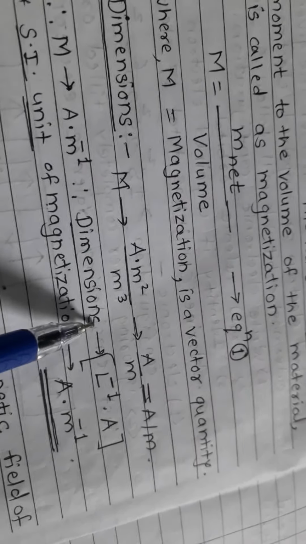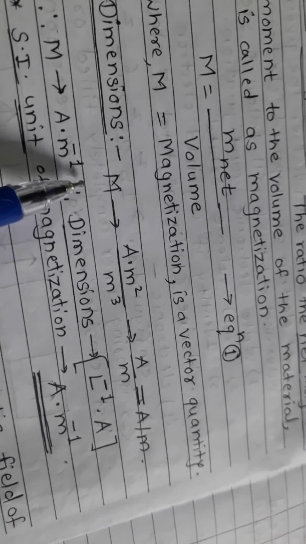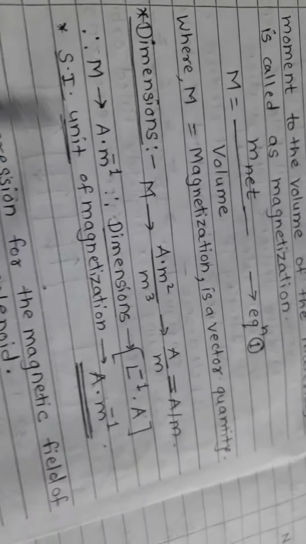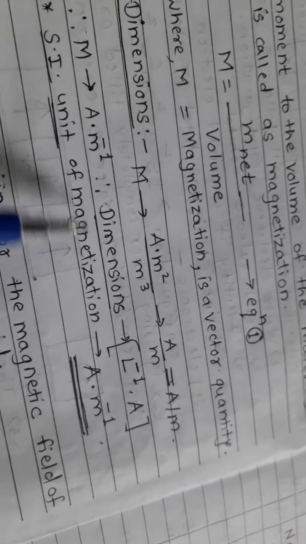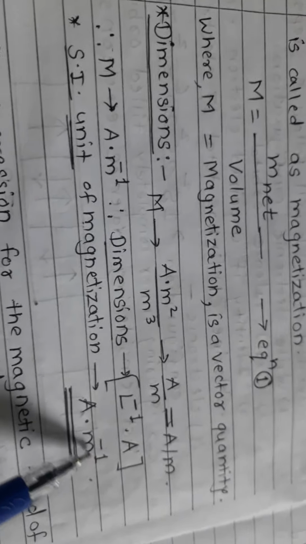For dimensions, A means ampere current, M raised to minus 1 means length raised to minus 1. That is, L raised to minus 1 times A. Therefore, the SI unit of magnetization is A·m^-1.